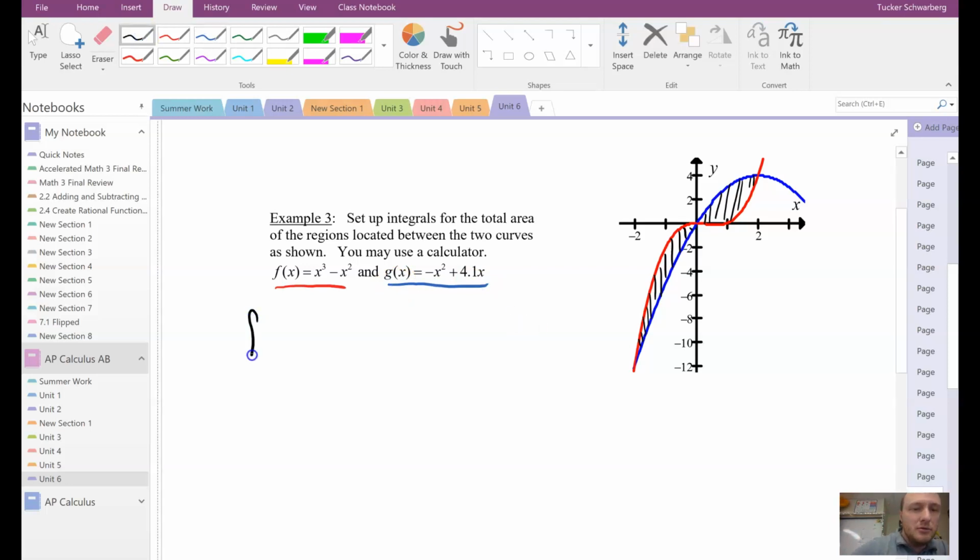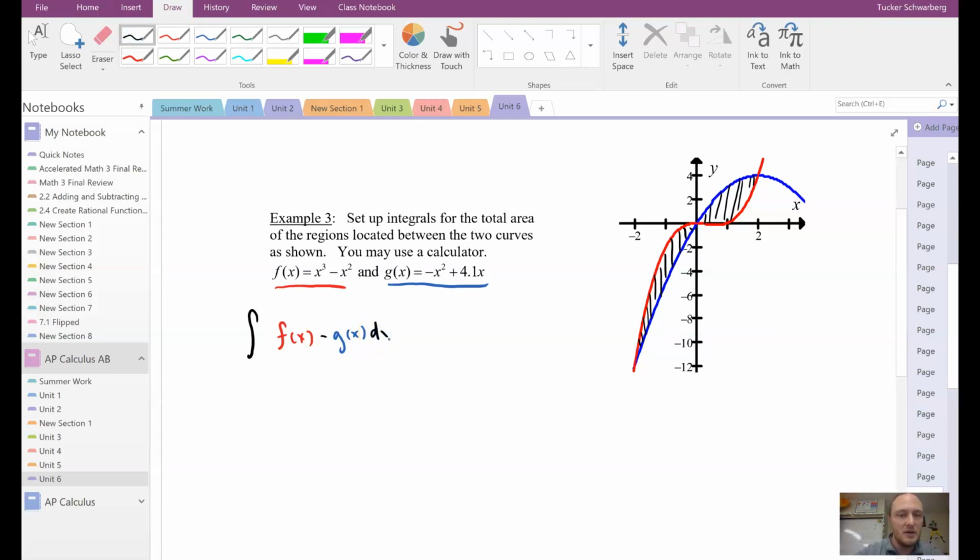So the integral is going to be equal to the top minus the bottom, right? That's how we find the area in between the curves. Notice for the first region over on this side, the function f of x is on top. So I'm going to have the integral of f of x minus g of x dx for the first portion.